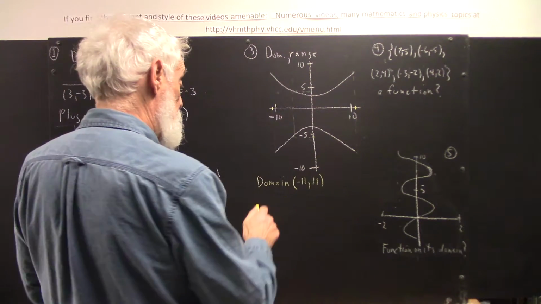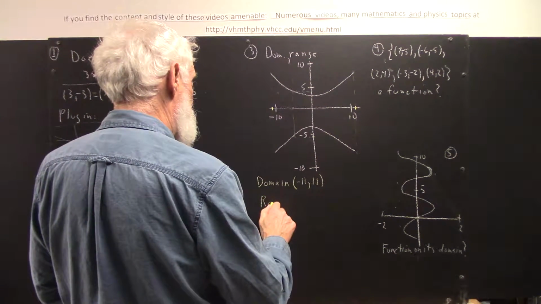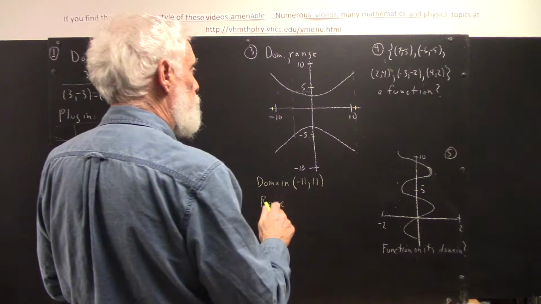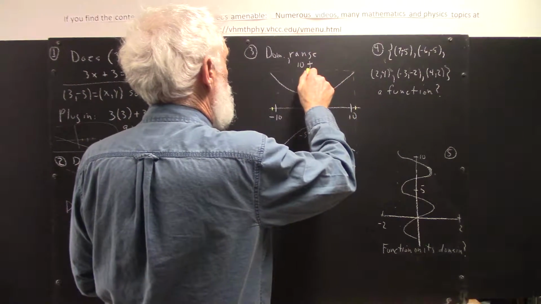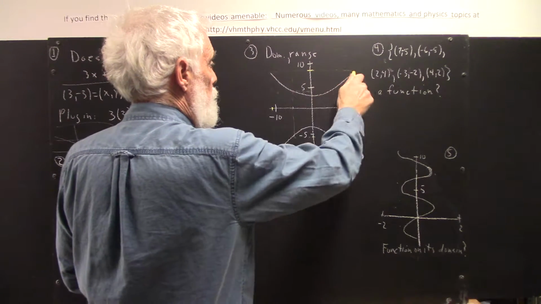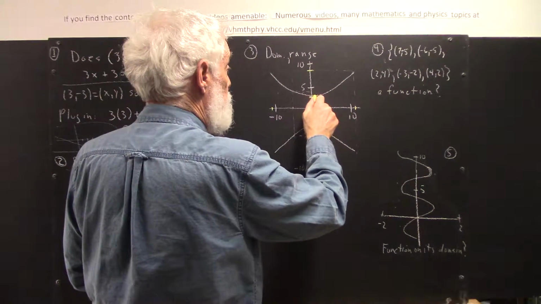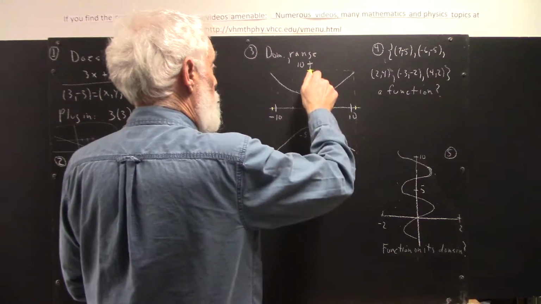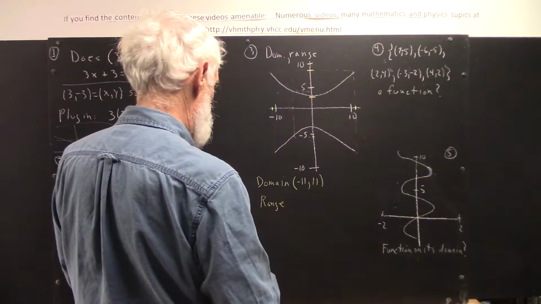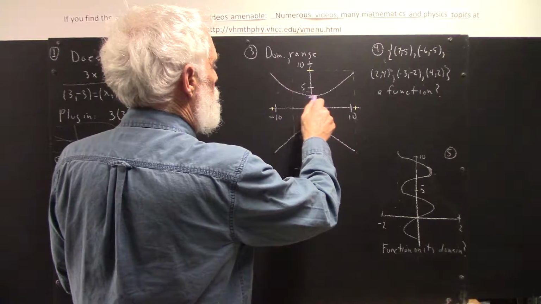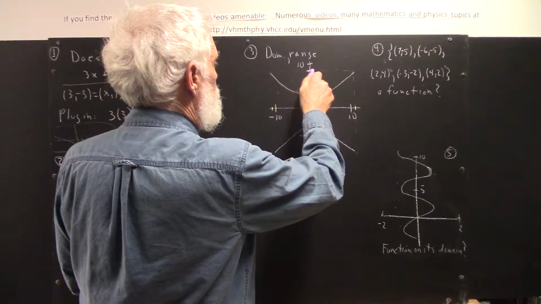The range consists of what? Well, it consists of all possible y values. So we've got y values that go as high as this and as low as this. So all the y values, and let me change my coloring a little bit here. I'll go with purple on the range.